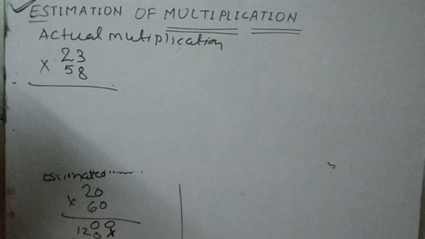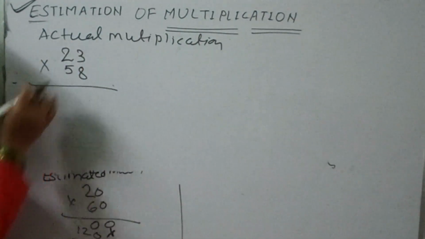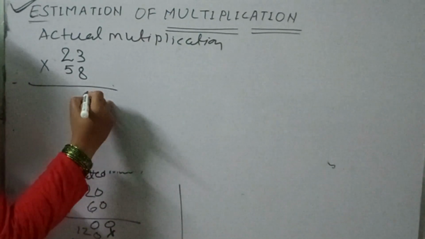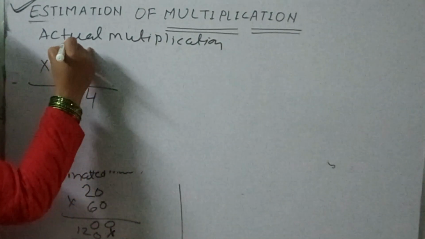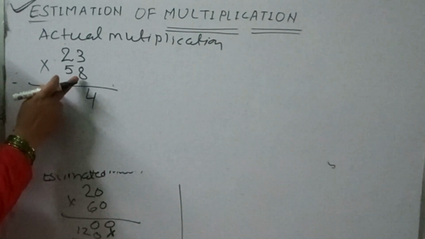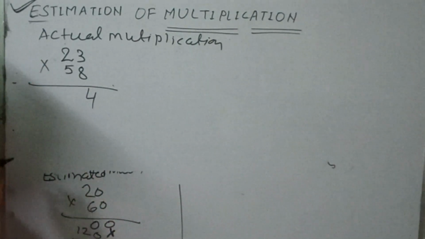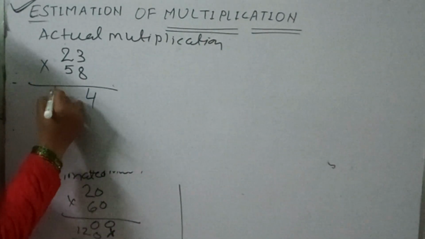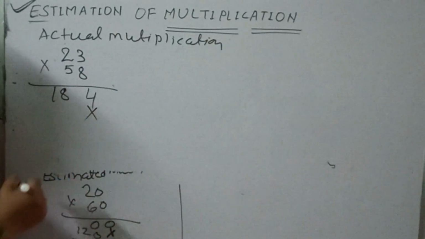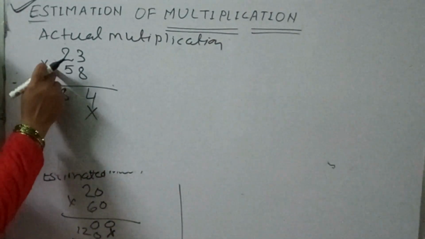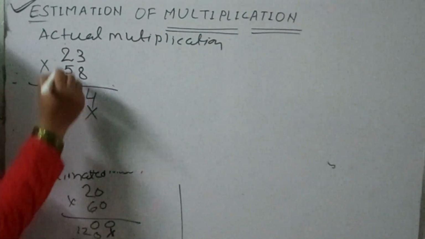Here, 8: you have to read the table of 8, how many times? 3 times. 8 threes are 24, write 4 and 2 is carry. Then again read the 8 table 2 times: 8 twos are 16, and 2 carry makes 18. Then put the cross here. 5 threes are 15, write 5 and 1 is carry.